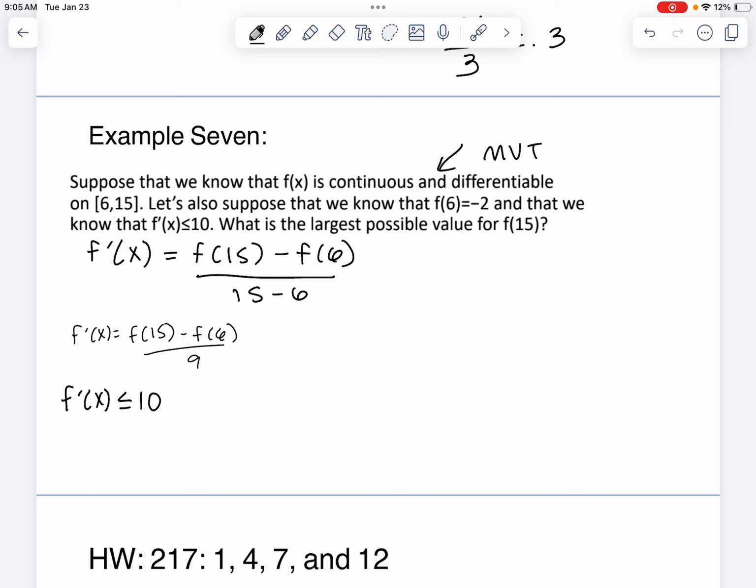So I'm going to go ahead and use that in this problem. So if f prime of x is less than or equal to 10 and f prime of x equals f of 15 minus f of 6 all over 9, then I know that f of 15 minus f of 6 all over 9 has to be less than or equal to 10. I also know that f of 6 is equal to negative 2.